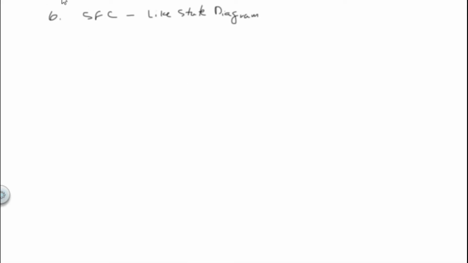So the input list are things like I underscore B 3.2 part in pick position, and I underscore B 3.1 separator back.